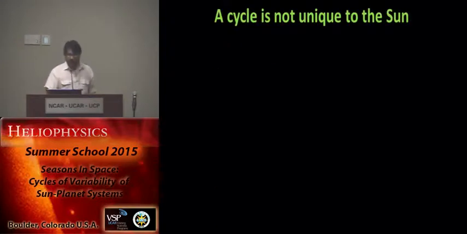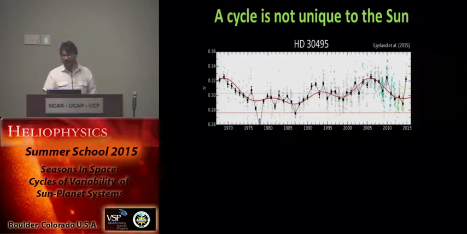Okay, the cycles are not unique to the sun. You can see it in other stars. And this is a very nice result that is a compilation of several surveys during the last 40 or so years of a solar analog. So this is a star that is similar to the sun in many ways: age, rotation, size.